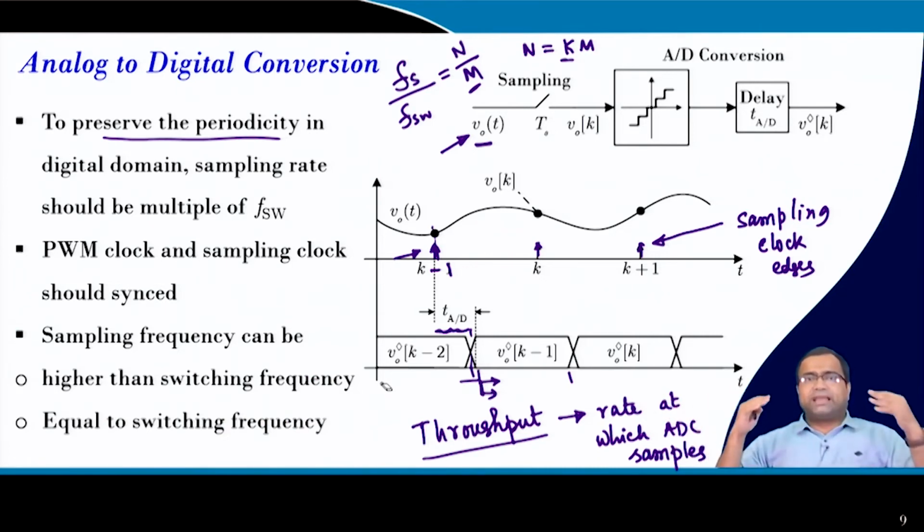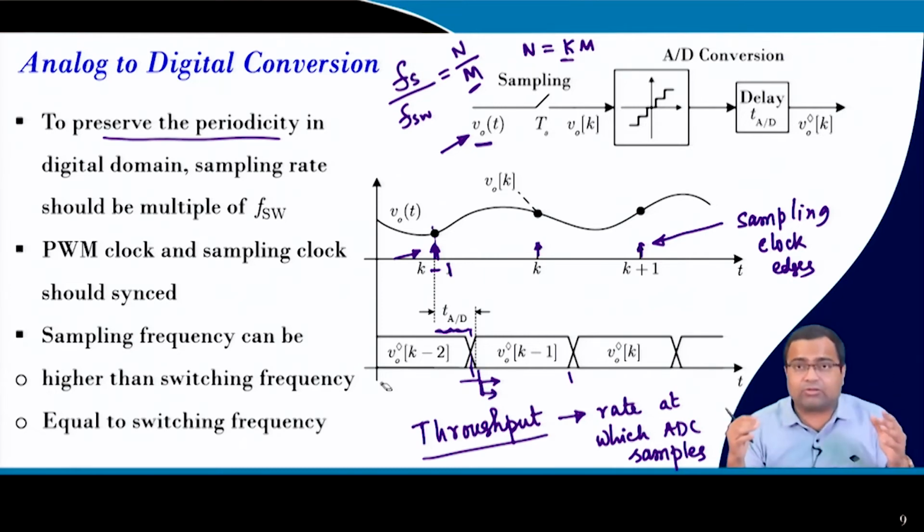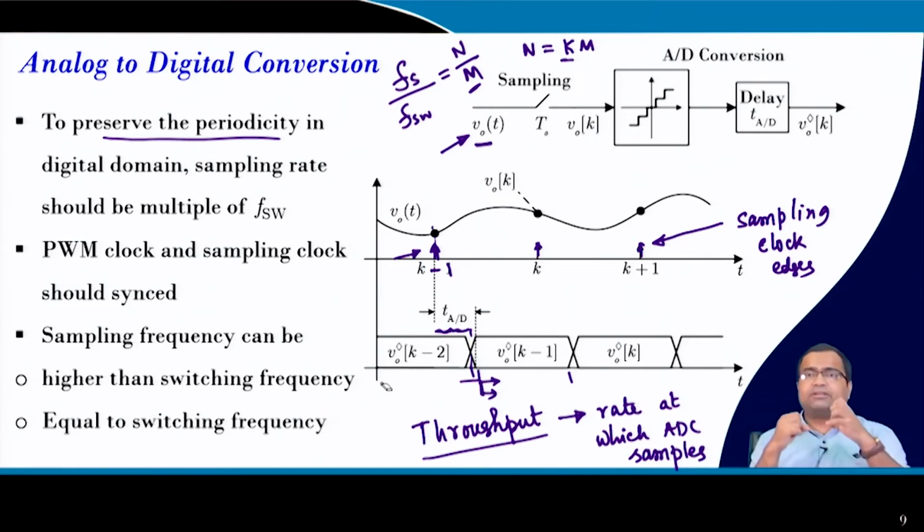Then in order to save power or avoid more and more computation, you can keep your processor idle and just continue with the value which is already stored, a fixed number, because ultimately the digital control under steady state will look like open loop. That means your error voltage in digital becomes 0, and then there will be no update in the digital controller. So it will look like a constant number. In that case we can even reduce the sampling rate.